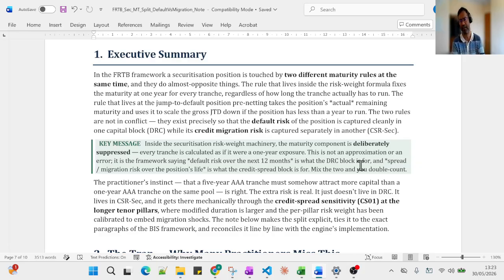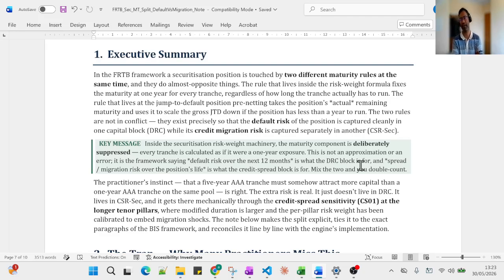If it is 6 months, then the gross jump to default has to be halved, multiplied by 6 by 12. And if it is 3 months, then the gross JTD has to be quartered, multiplied by 1 by 4. So why do we do that? Why do we scale the exposure for the remaining maturity?